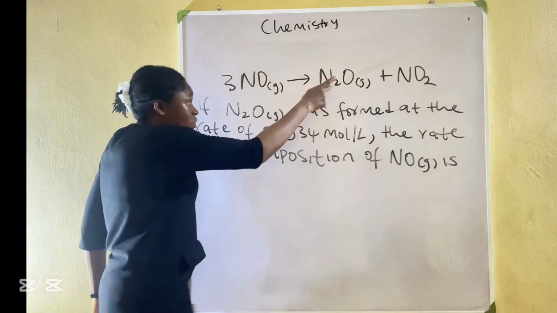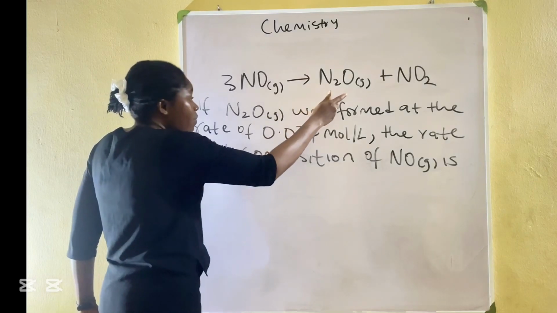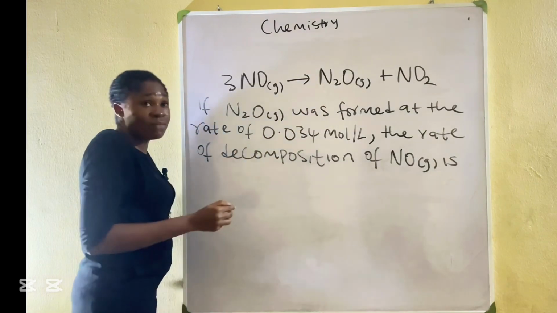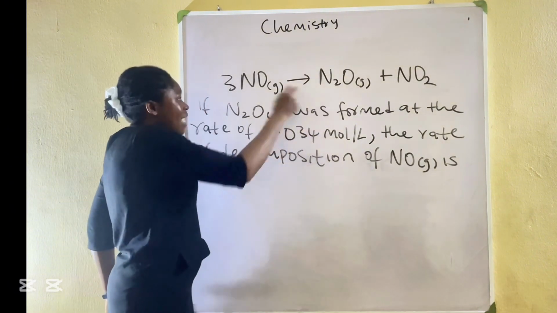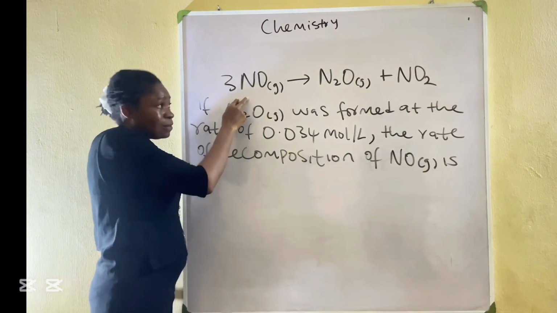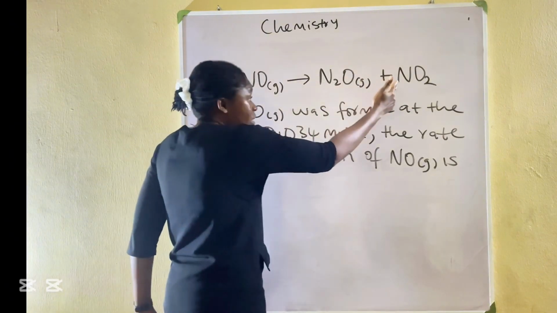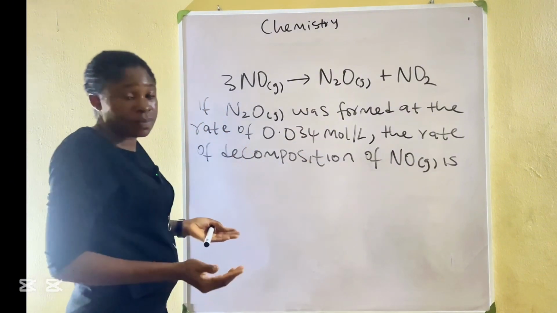So if you have 1 mole of this, I have 3 moles. 0.034 will give you X. When you cross multiply, it simply means any value you have here, for you to get this value, it will be 3 times of this value. Simple. If you are asked to find this one, since the mole ratios are the same, the value will be the same.